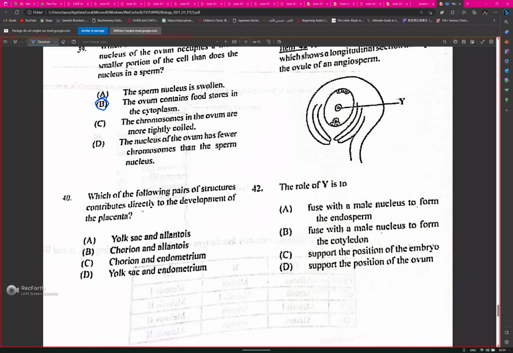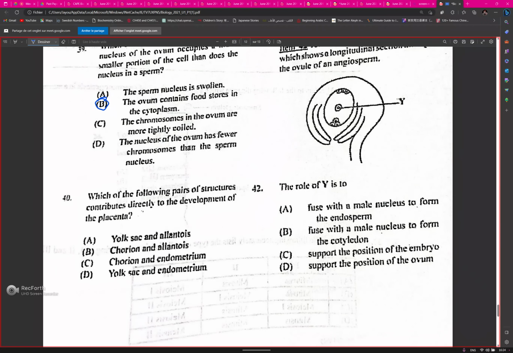It's out of it. So we're saying that the endometrium and the chorion. What does the allantois do? Sir, I thought that was one part that develops into the umbilical cord. It attaches to the chorion, and then that becomes the umbilical cord.